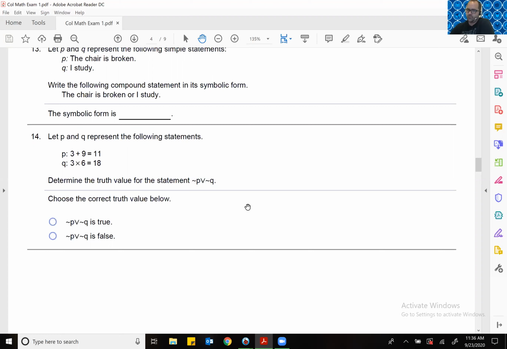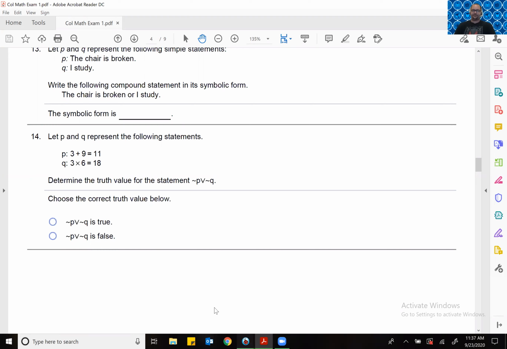They want to know the truth value for negate P, V, negate Q. Oh man, I meant to say squiggles so I can have you tell me that it's a negation symbol. So the squiggle line there is negation. The V we already know is or. And they want to know, is it true or false?